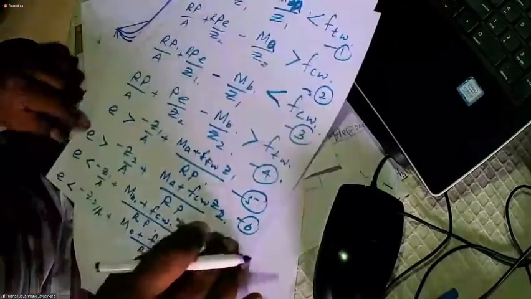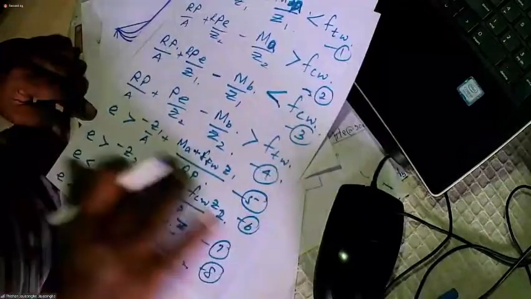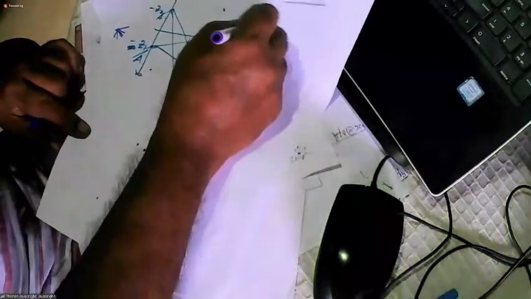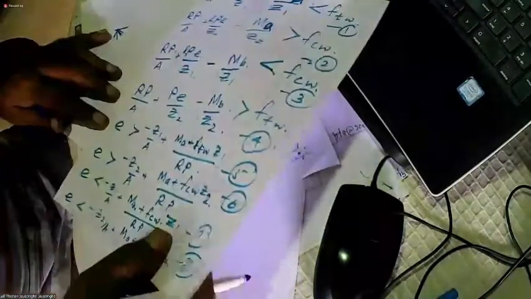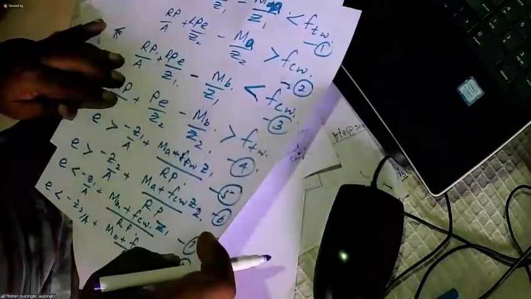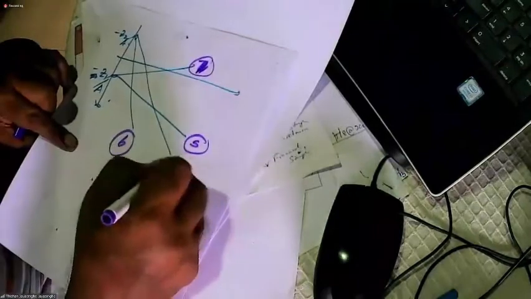Z1 over A should be greater than this: equation number 5, equation number 6. Z1 over A should be less than this: number 7, number 8. So what can you say?